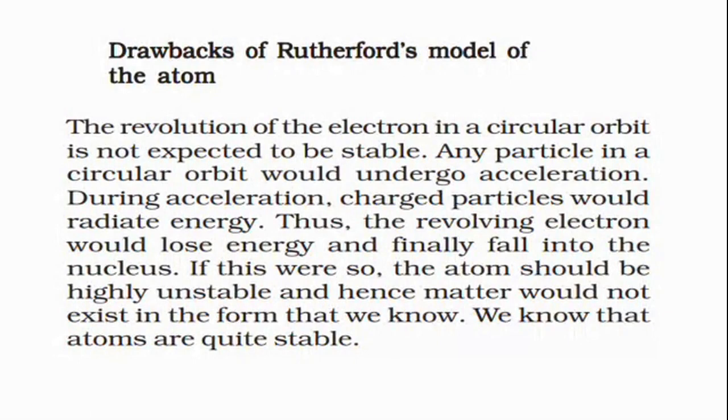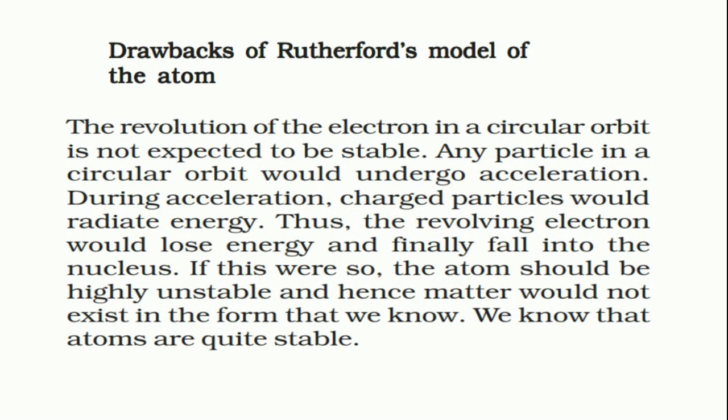But there is one drawback of Rutherford's model of the atom. Okay, now who will read this? Sanjana. Yeah, right. Drawbacks of Rutherford's model of the atom. The revolution of the electron in a circular orbit is not expected to be stable. Any particle in a circular orbit would undergo acceleration.